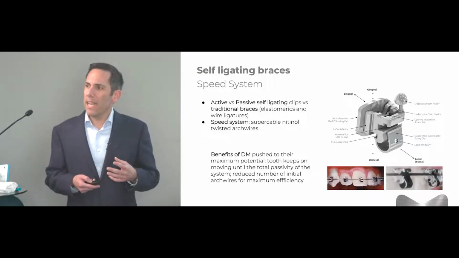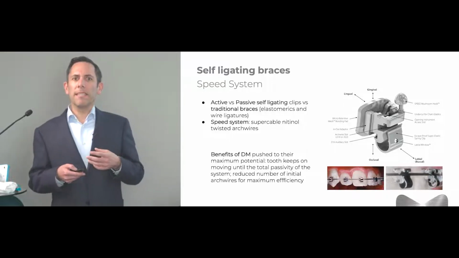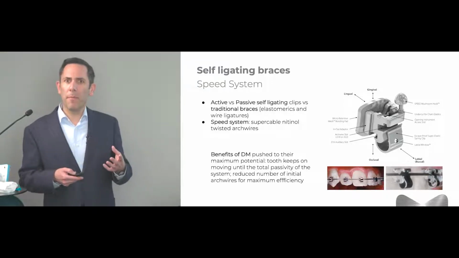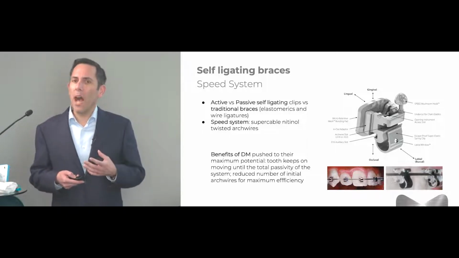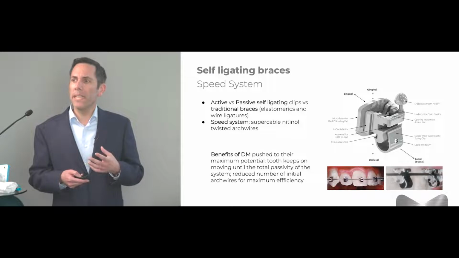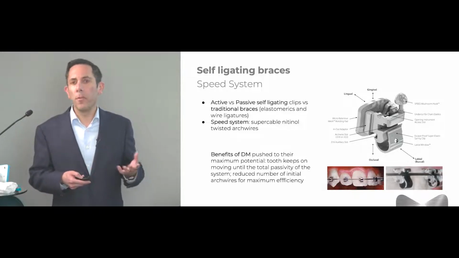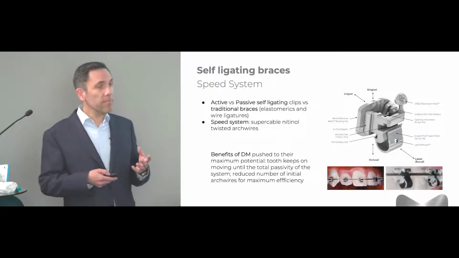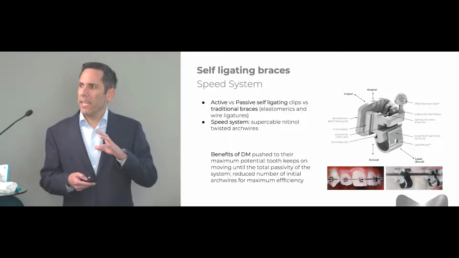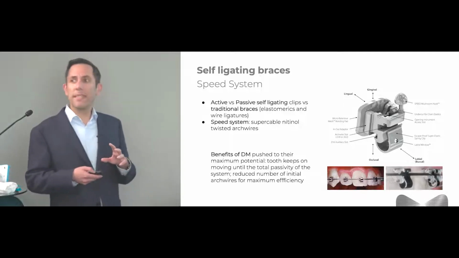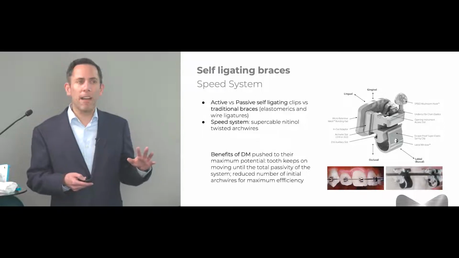And I realized, and that's only after time and after using the Speed system and monitoring it through DM, that I was really making the most out of DM using this active self-ligating clip through the Speed system, because I really could put the brackets on, put my initial twisted arch wires in, and just let the system work itself out.